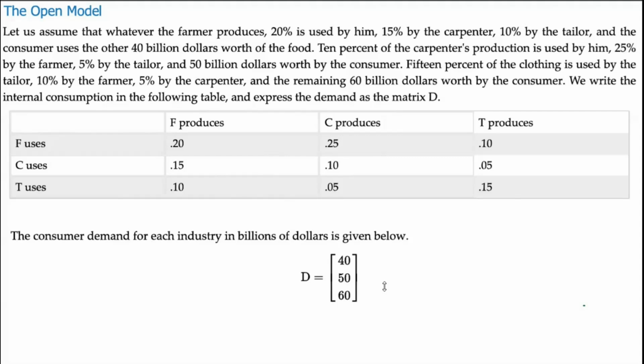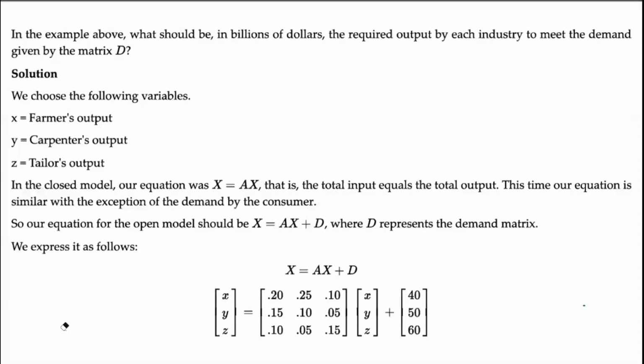So yeah, the 40, 50, $60 billion, and each sector is producing surplus for the consumer. Cool. So we're going to take this table and all these numbers here, and we're going to make up a matrix with it. And they're capturing it here, right? That's okay.